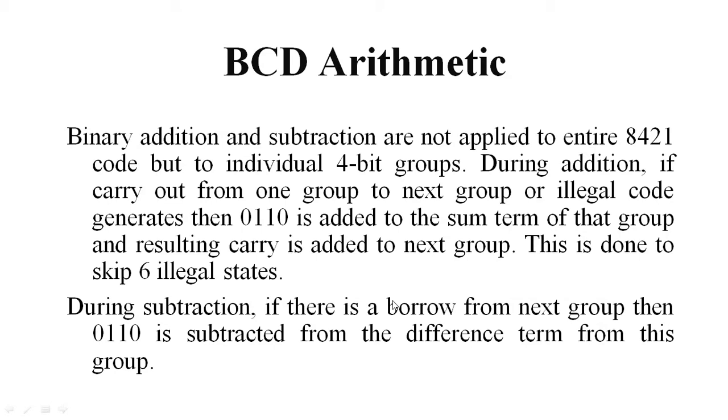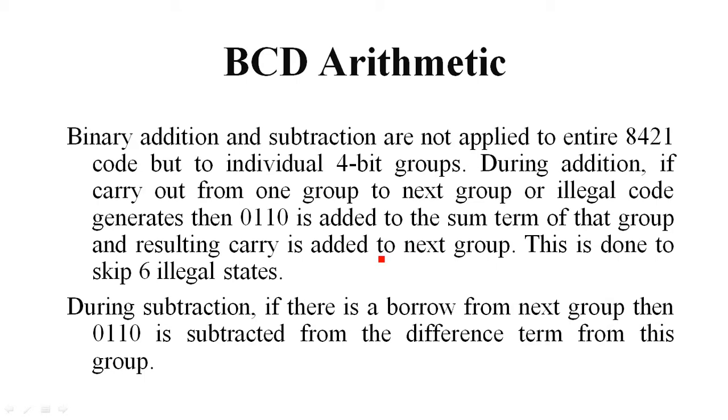A disadvantage of 8421 code is that the rules of binary addition and subtraction do not apply to the entire 8421 number but only to individual 4-bit groups. The BCD addition is therefore performed by individually adding the corresponding digits of the decimal numbers expressed in 4-bit binary groups starting from LSB.